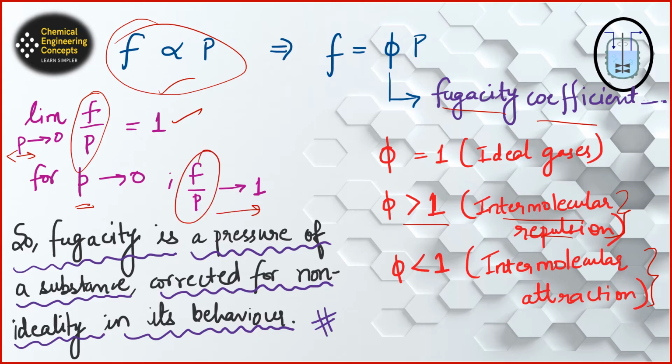This sign means tending towards, right? So fugacity in simple terms is the pressure of a substance corrected for its non-ideality, non-ideality in its behavior. This is the definition of fugacity in simple terms.